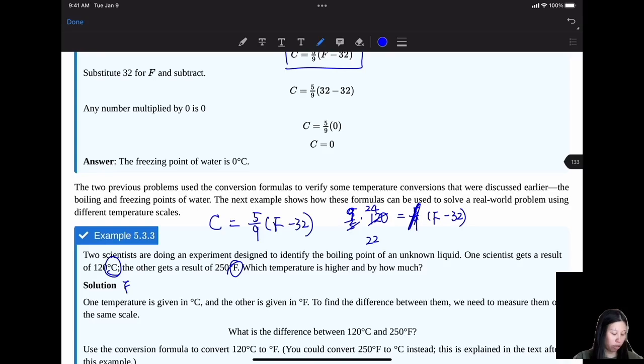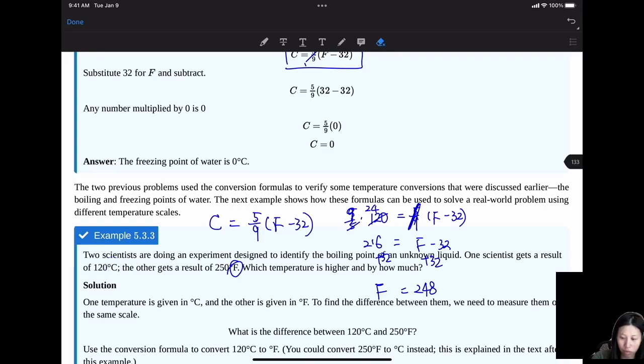Let me use my calculator. 216 equals Fahrenheit minus 32, and then you add 32 on both sides. So you have Fahrenheit equals 248. That means 120 Celsius equals 248 Fahrenheit. So which temperature is higher? The second scientist gets a higher temperature, by 2 Fahrenheit.